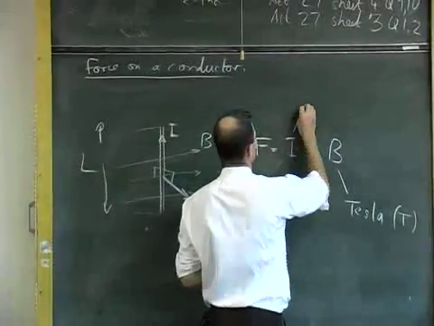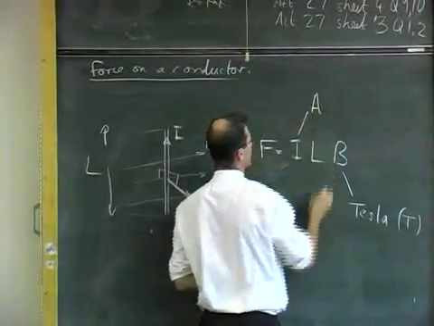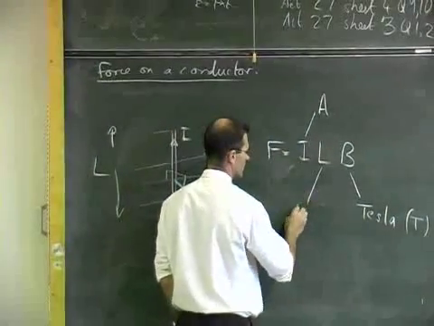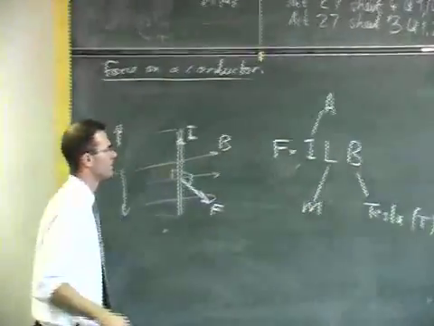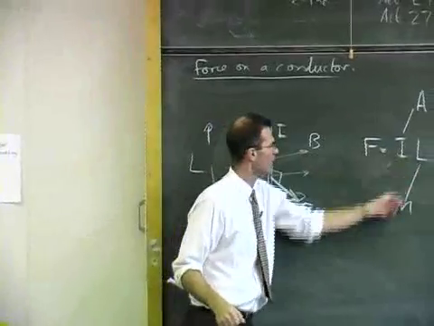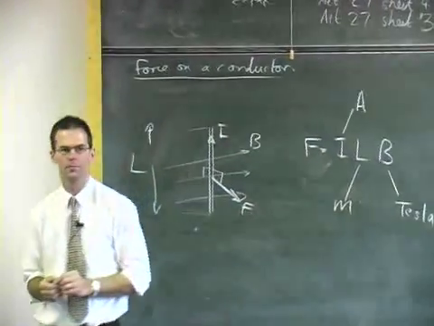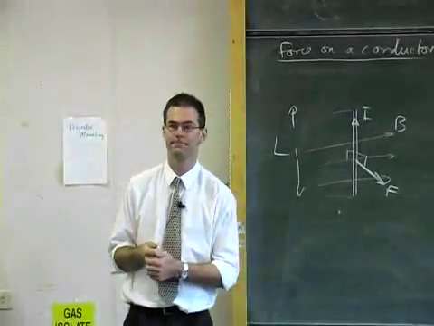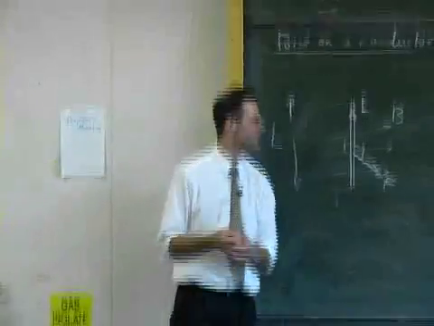Because if you've got 1 amp of current running along 1 meter of length of wire, guess what the force would be that's exerted by one, if it's in 1 Tesla of magnetic field? 1 Newton, okay?